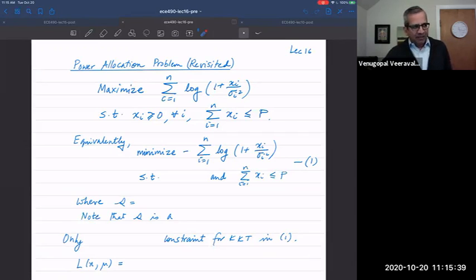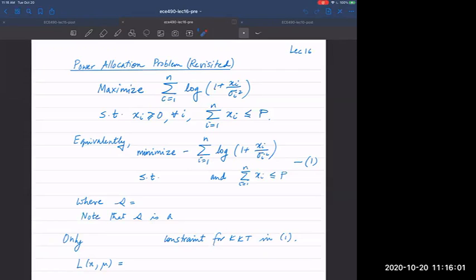Think about just an example on the real line. Can anyone think of an example on the real line of a set that's not described by equality or inequality constraints?